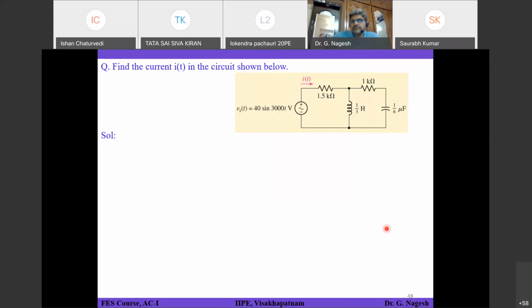What will be the phasor equivalent for this voltage source? Can anyone say? Sir, 40 at an angle of plus 90.